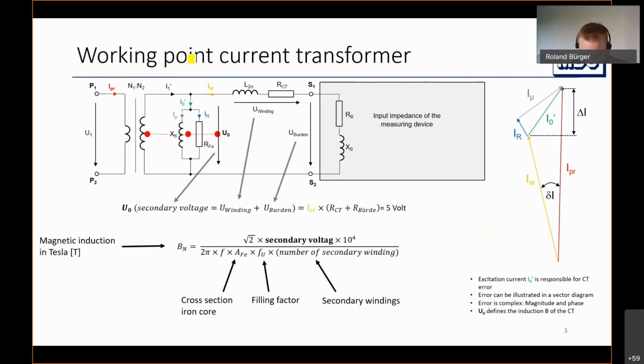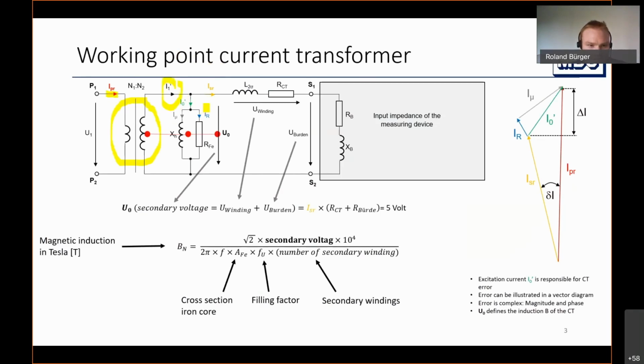And this is the electrical equivalent circuit diagram. For the solution for the different burdens and the faults, we need to understand this electrical equivalent circuit. And it's not so complicated. We have here at the beginning the magnetic coupling, where the primary current goes in, and you get the secondary current.